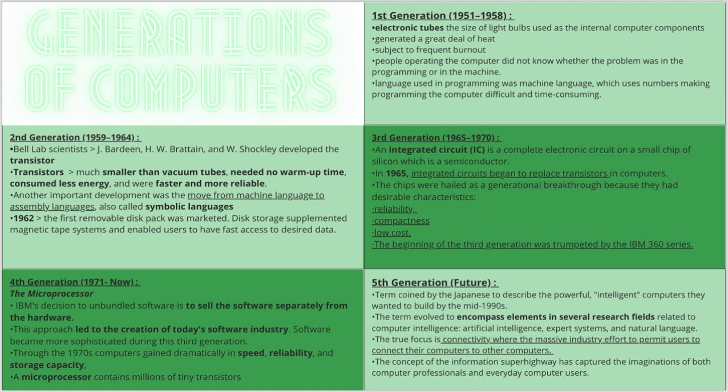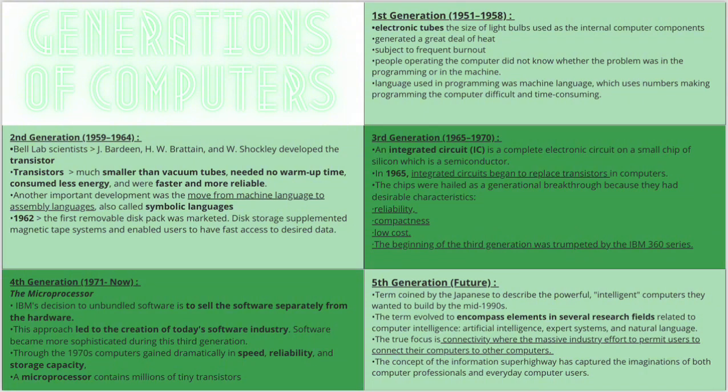For the last generation, which is in the future, the term was coined by the Japanese to describe the powerful, intelligent computers they wanted to build by the mid-1990s. The term evolved to encompass elements in several research fields related to computer intelligence, which are artificial intelligence, expert systems, and natural language.